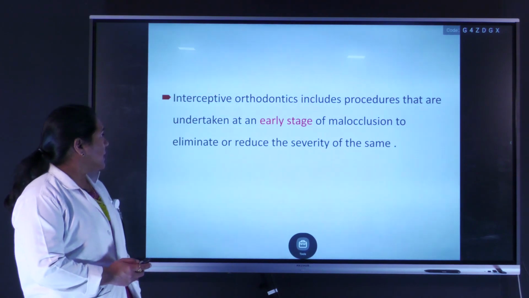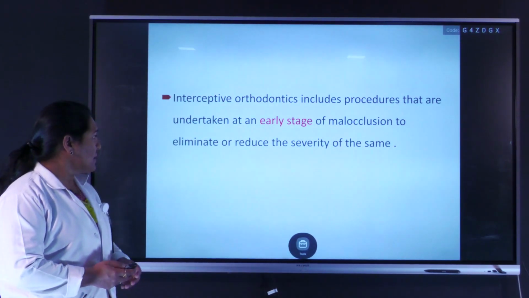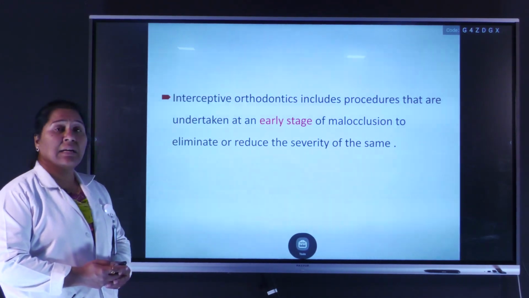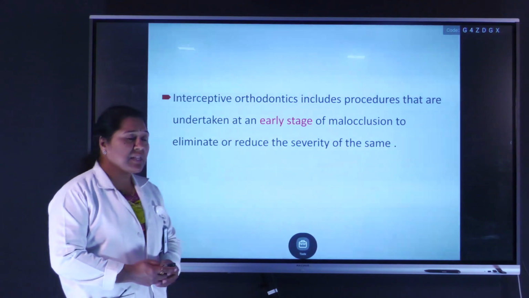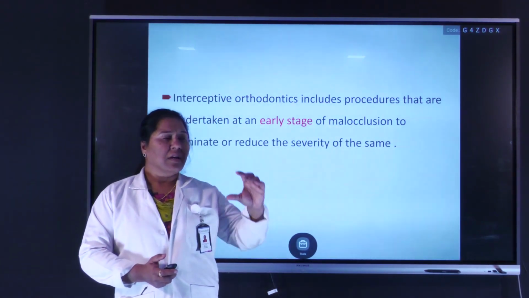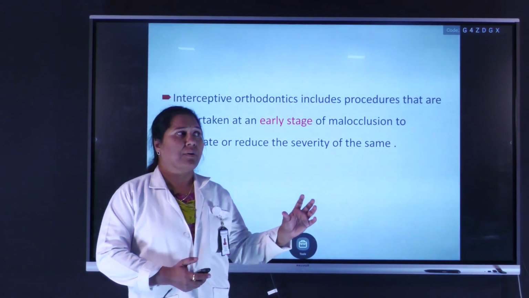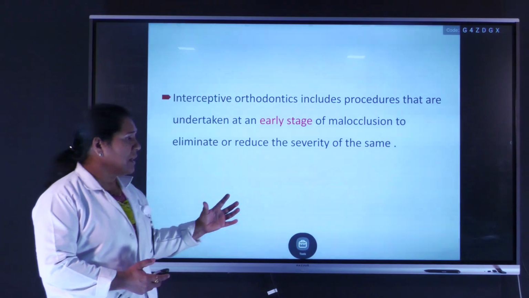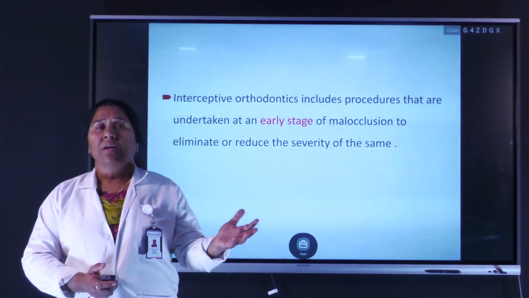Coming to interceptive orthodontics, what does it include? It mainly includes the procedures that are undertaken at the early stage of malocclusion to eliminate or reduce its severity. The word interception means we are interfering with the malocclusion at the starting stage, before the malocclusion develops.